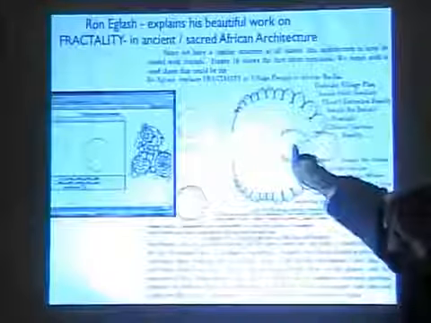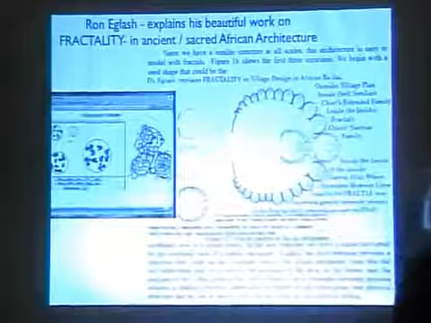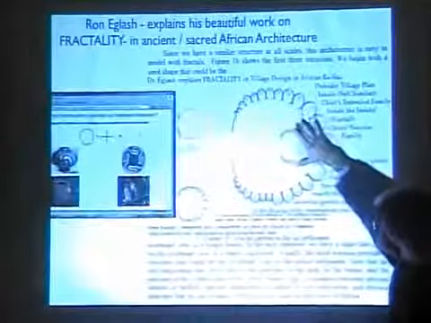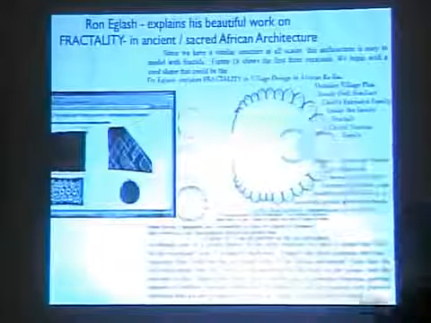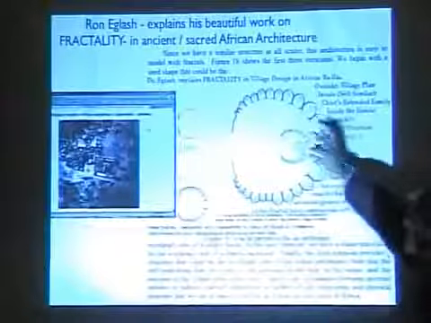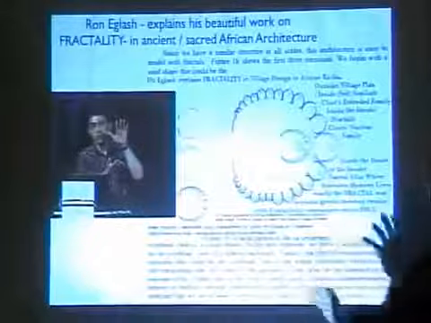And the altar in the center of the shaman chief's house, where you go to talk to your ancestors, is the same shape. So the altar is the same shape as the house, is the same shape as the village. Do you see the concept of self-similarity? The inside that looks like the outside. That is fractality. That is perfect compression.